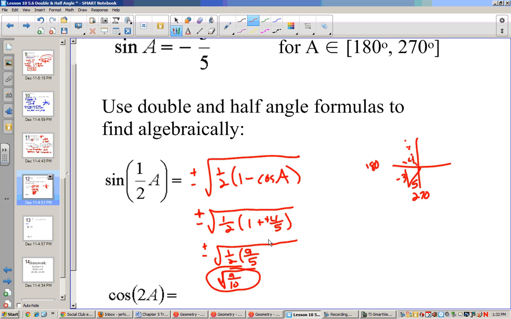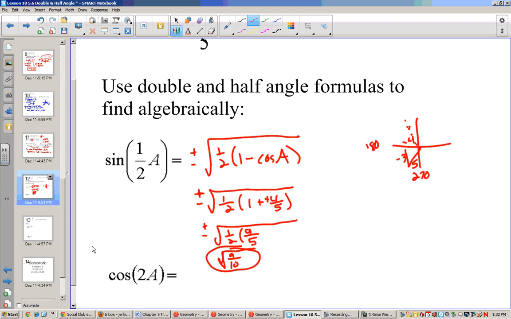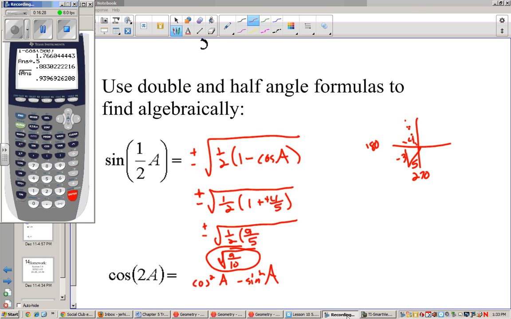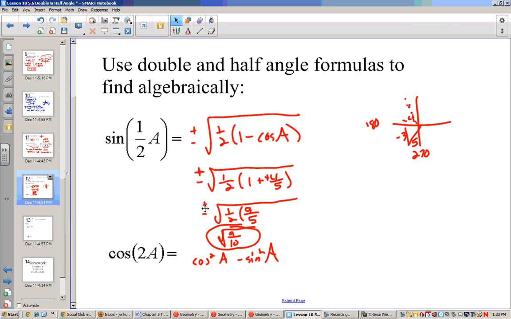So now if I find the cosine of 2A, the cosine of 2A is cosine squared A minus sine squared A. So what we need to do is take cosine, which is negative 4/5, and we're going to square that, minus the sine, which is negative 3/5, and square that.